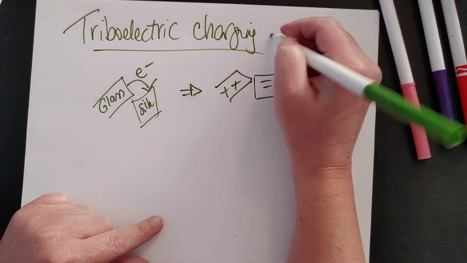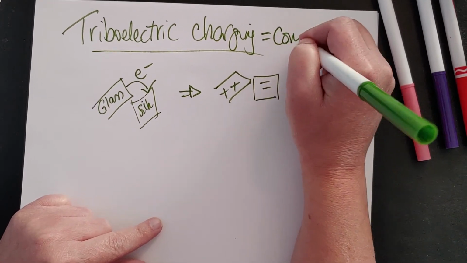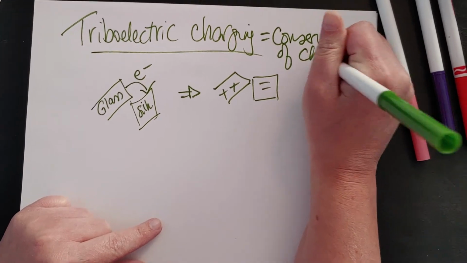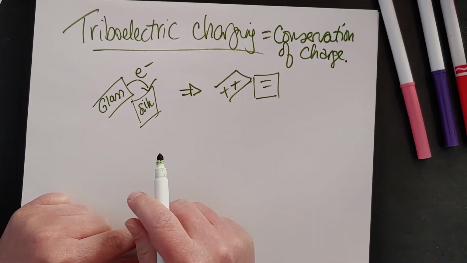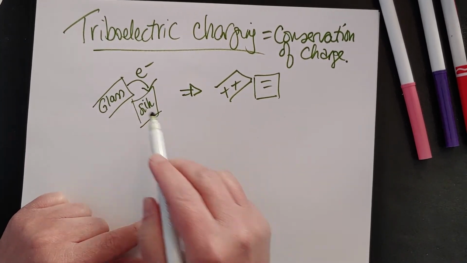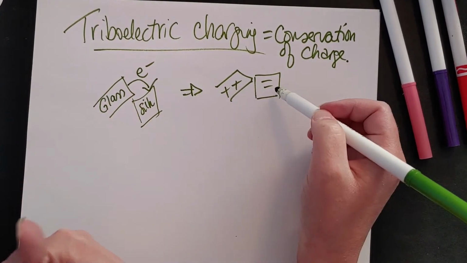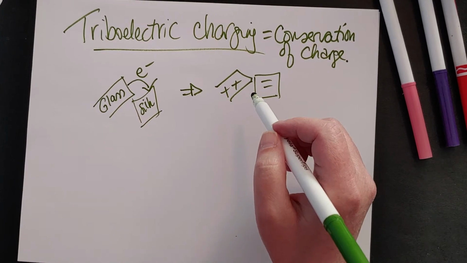But honestly, triboelectric charging is just an application of conservation of charge. Okay? Just saying, the number of electrons that the glass loses is how much the silk gains.